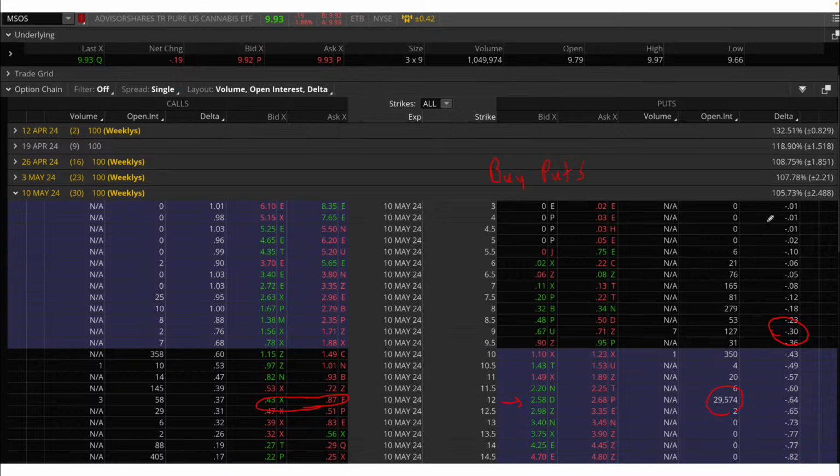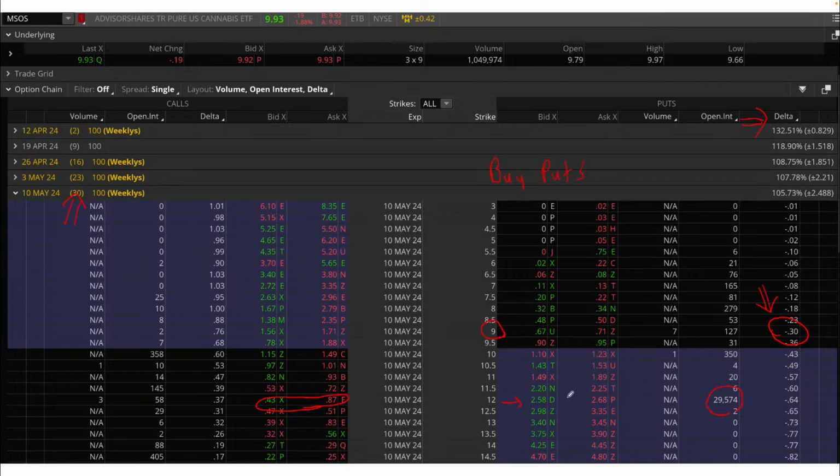Now you can use delta, a little cheat sheet, as the percentage or the likelihood that this ends up in the money. So the market is saying, hey, MSOS has a 30% chance of trading under 9 by expiration. Watch that again if you need to.